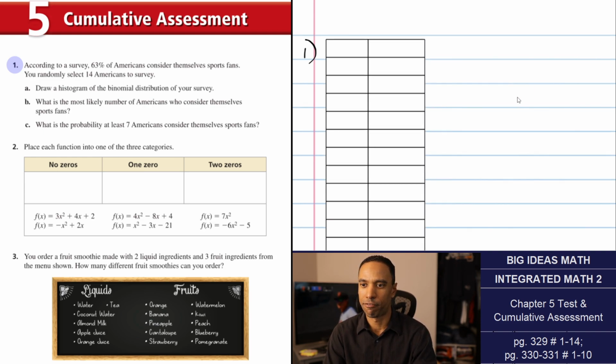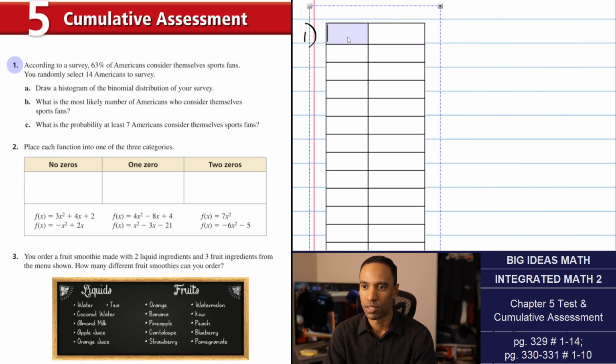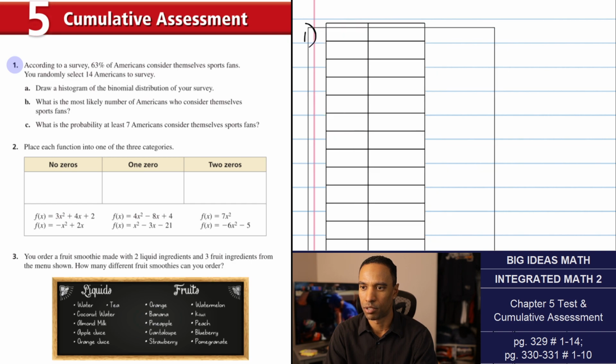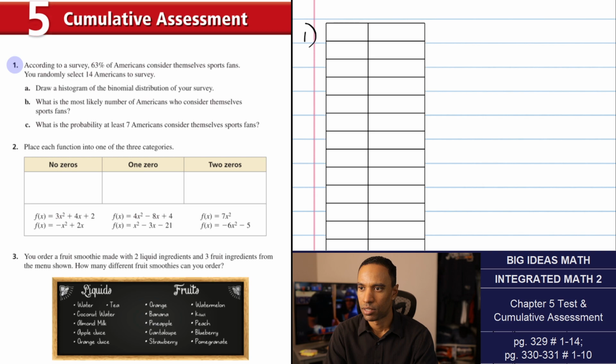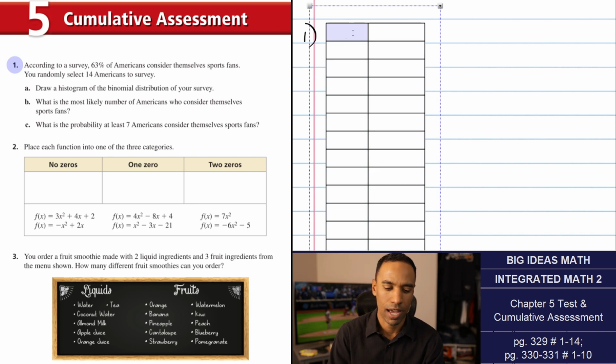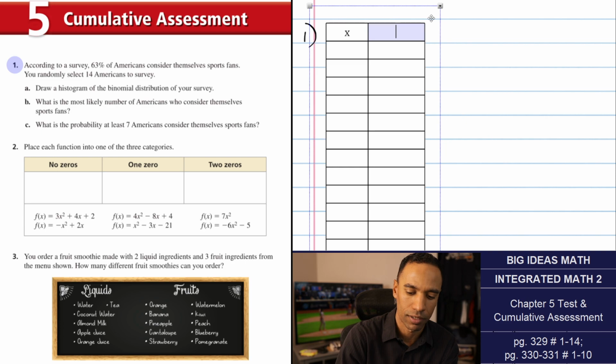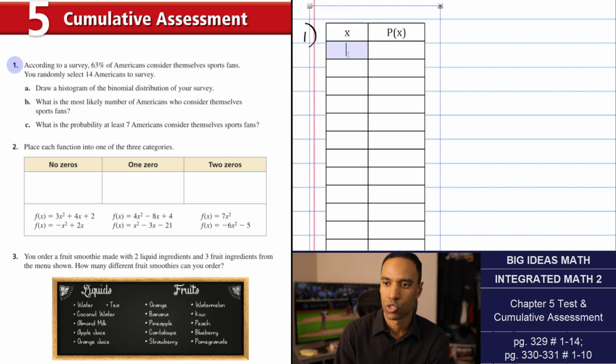So let me kind of fill this thing out. Oh boy. Sorry, I'm trying to shrink the font size here. All right. Let me fill this thing out for a little bit.